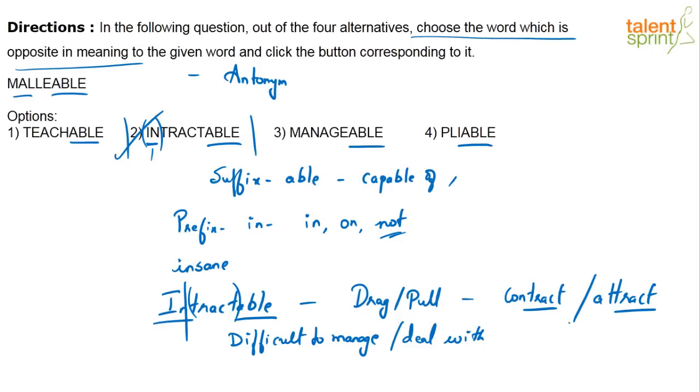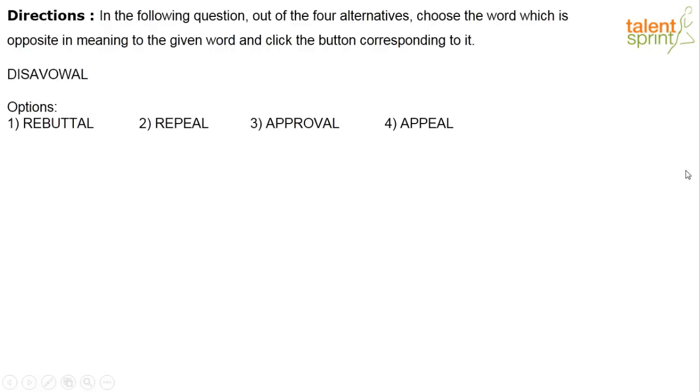The best thing to do is to quickly look at the word and see if you can dissect it. When I say dissect it, one way to do it is to use the prefix, suffix, root word concept. So keep this in mind. Let's move ahead and look at the next one.